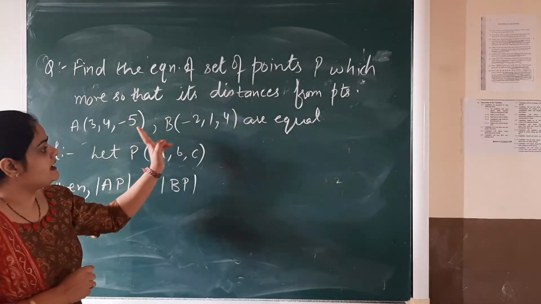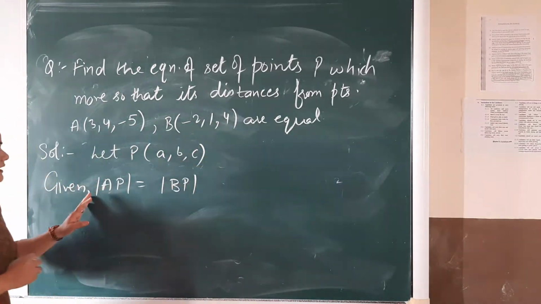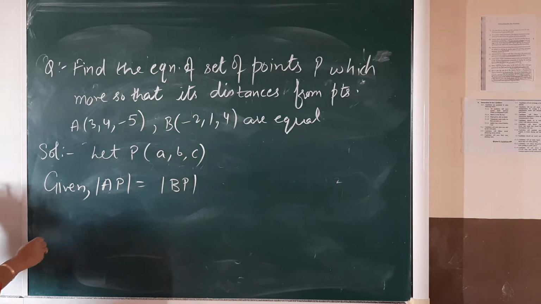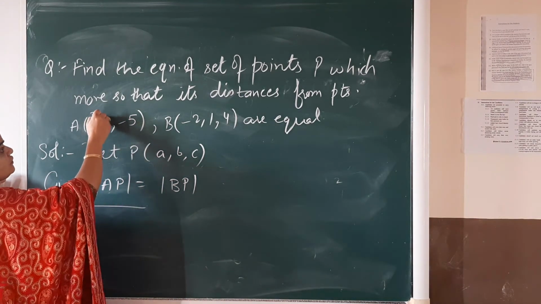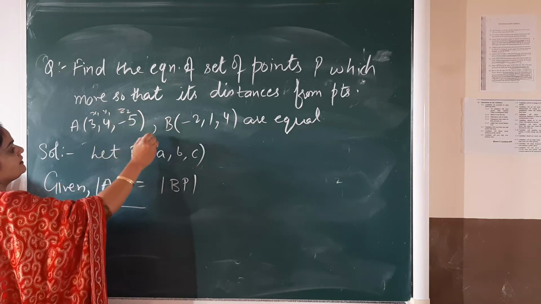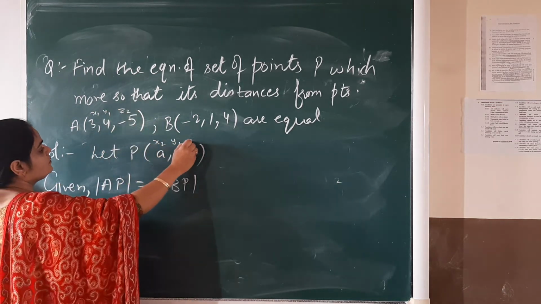Distances from the points A and B are equal. So AP and BP are equal. What is AP? This is your x1, y1, z1, x2, y2, z2.